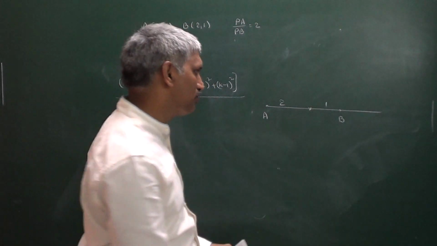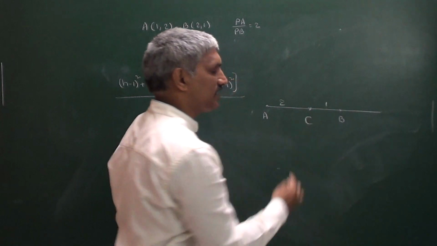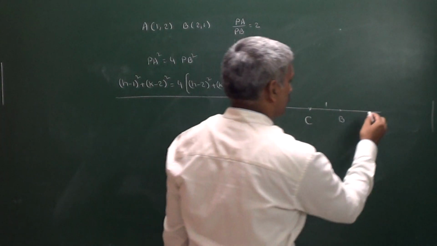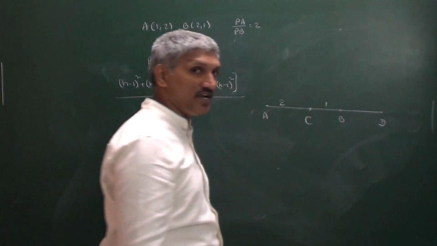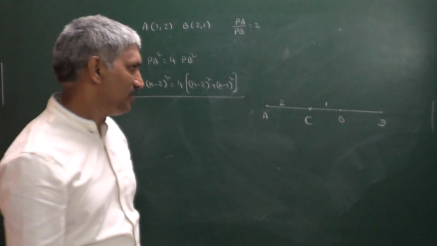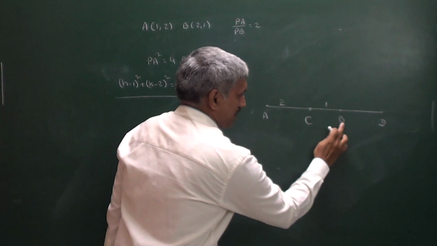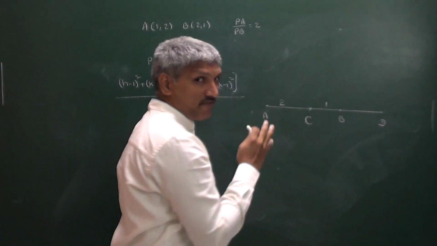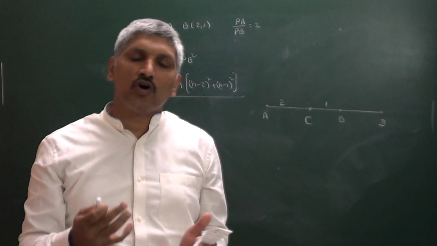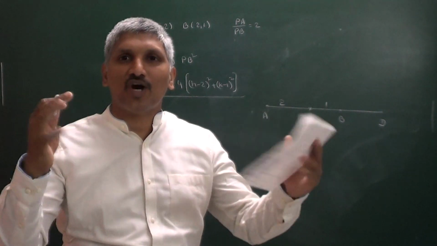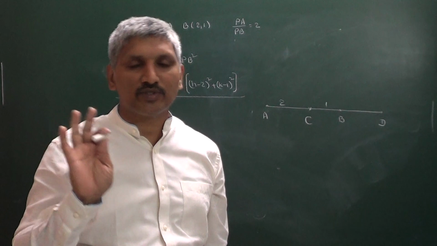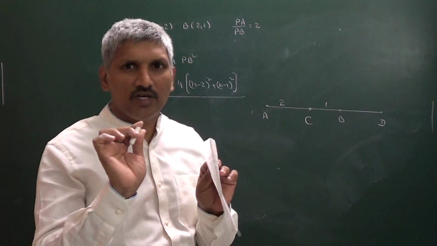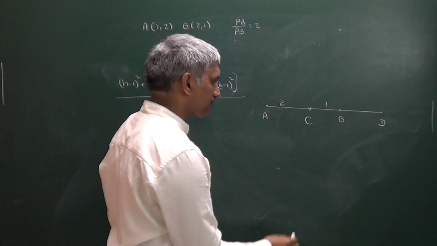Internally also possible, let us say this point is C. Externally also another point is possible, let us say that is D. Right? So this A point and B point, definitely this will be more clear once the entire geometry is over, either circle or straight lines or parabola, ellipse, hyperbola. But just try to follow the things.